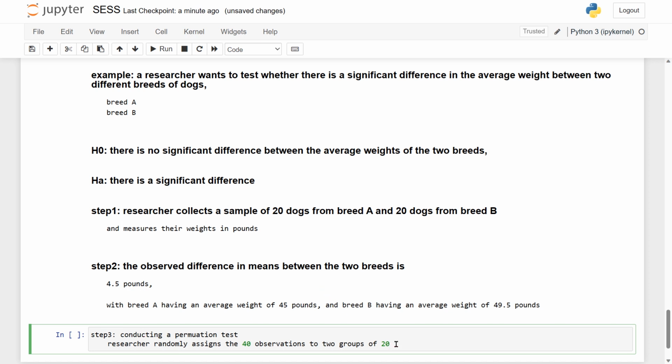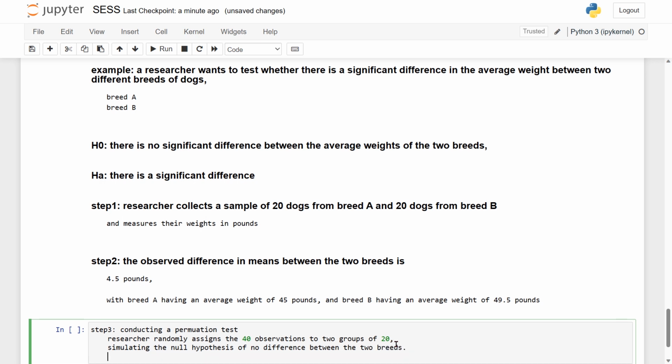And once that is done, we simulate the null hypothesis of no difference between the two breeds.